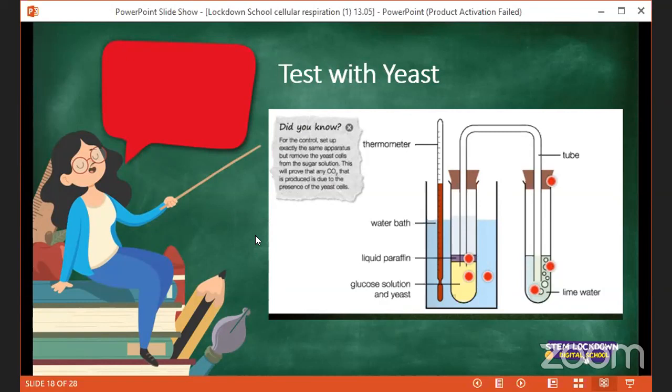Okay, so in this, we don't have the apparatus for the control, but sorry guys about that, it was just a network error.